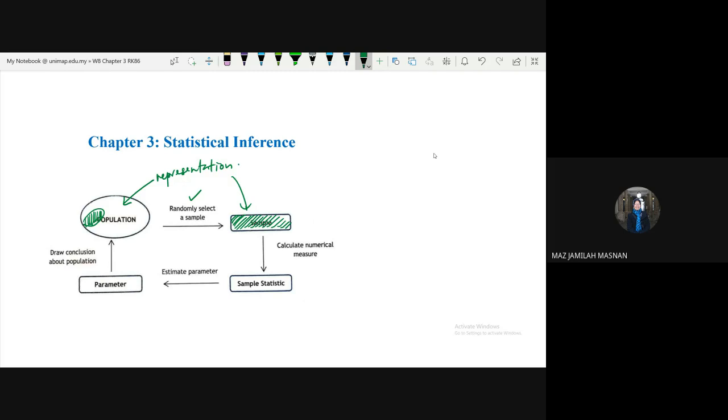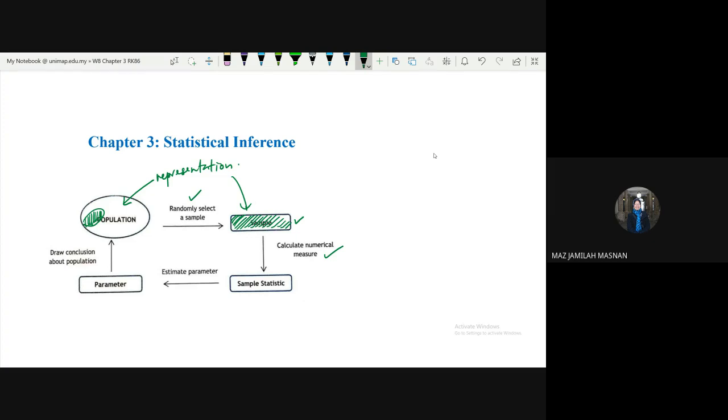Now, once you have collected your sample, we are going to measure the things that we wish to investigate. For example, if you wish to study weight, then you are going to measure the weight of your sample. If you are talking about the height of your subjects, then you measure the height of all subjects selected in your sample.